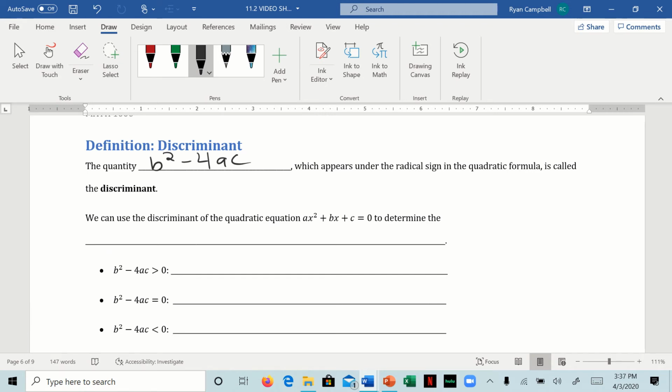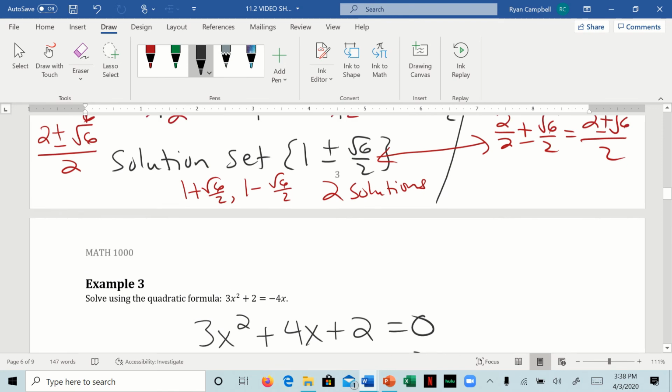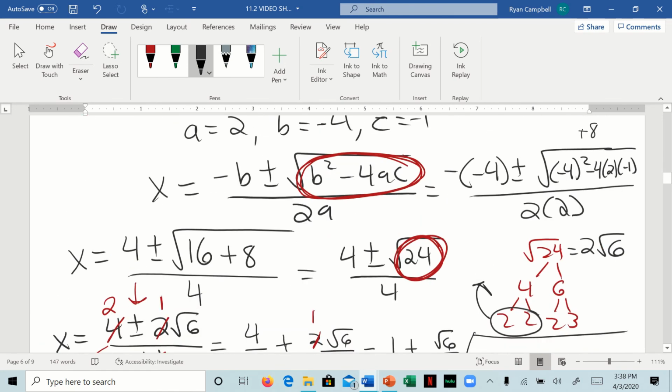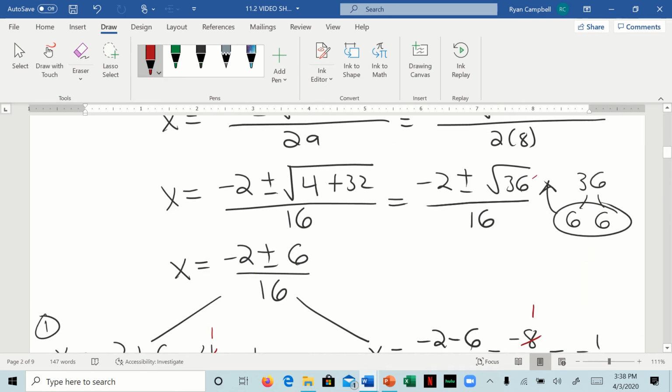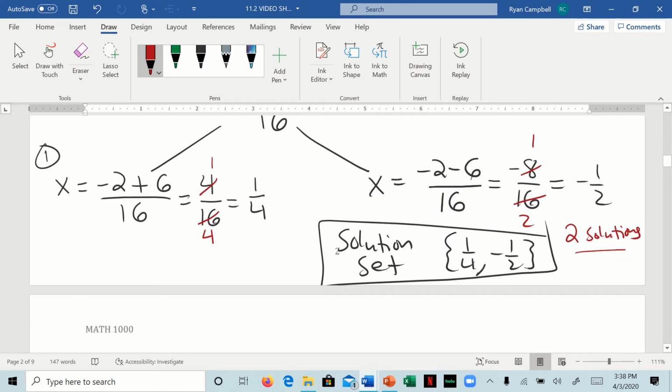And the discriminant, like we just said, will tell you the number of real solutions. When the inside of the radical is positive, greater than 0, like in examples 1 and 2, where inside the radical we had 36 and 24, we end up with how many solutions? 2.